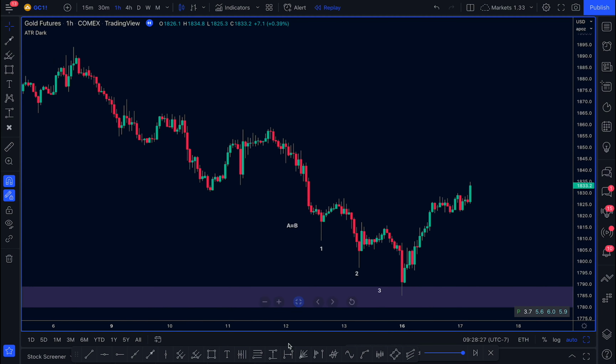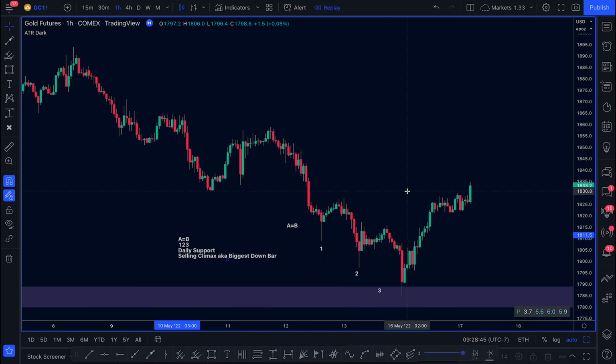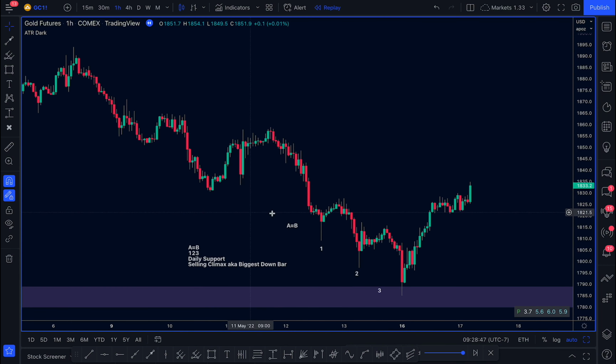So right there we have several confluences saying that there's a high probability of a bottom being in. So we have an A equals B, a 1, 2, 3, daily support and a selling climax, aka the biggest down bar. So given that, we have the idea that a bottom could be coming in.